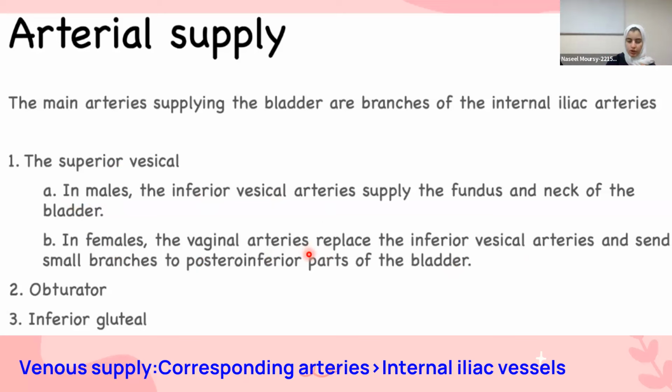Let's say they label the base of the bladder and ask which artery supplies this in males. Inferior vesical. And in females, it would be the vaginal arteries. We just put it for you for the sake of completion.